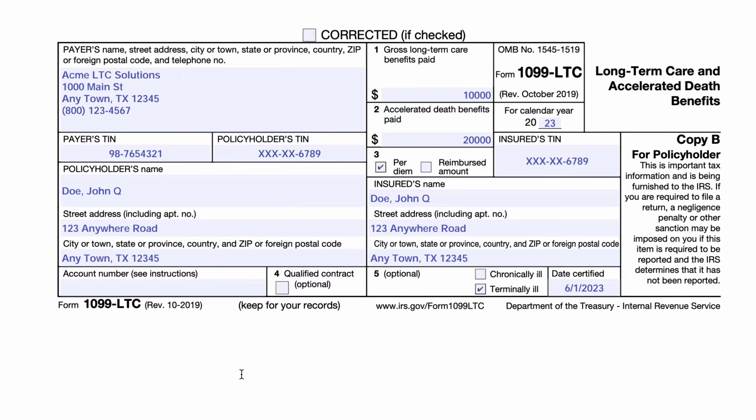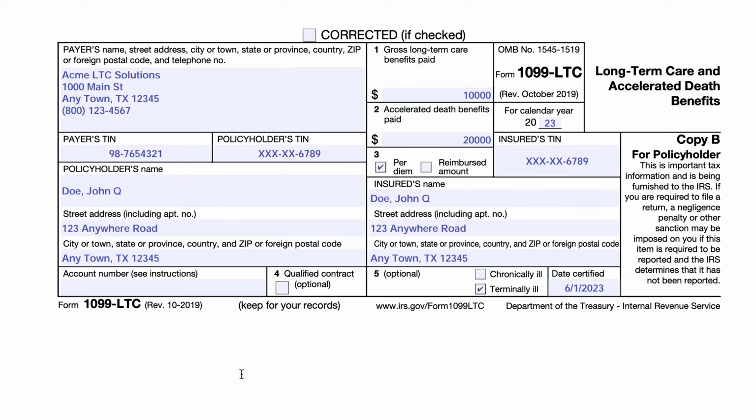If they are not the policyholder, then generally the proceeds are not considered taxable income to the insured. If the policyholder and the insured are the same person, then you may simply receive a copy B that covers everything. So in this form, we're going to cover first the left part of the form, and then we'll go to the right part.